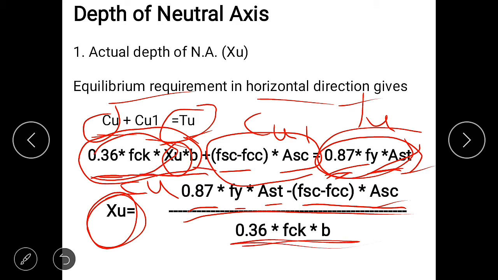If xu value you have to calculate, then use directly this formula. How this formula is created, we already studied here. So if a doubly reinforced section you have to design, then directly use this. Okay.